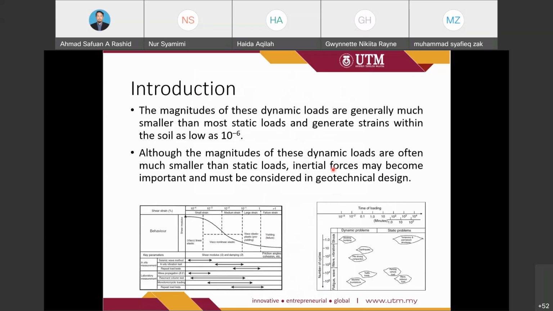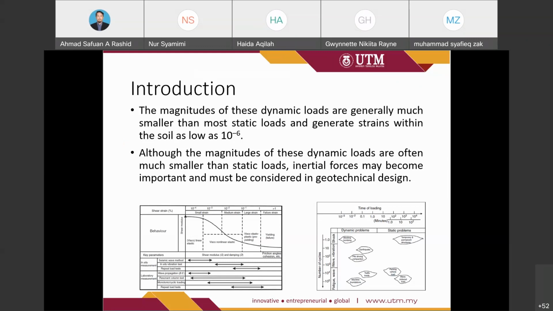The magnitude of these dynamic loads is generally much smaller than static loads and generates strain within the soil as low as 10 to the power of -6. For static load, the strain value at serviceability is around 10 to the power of -3.